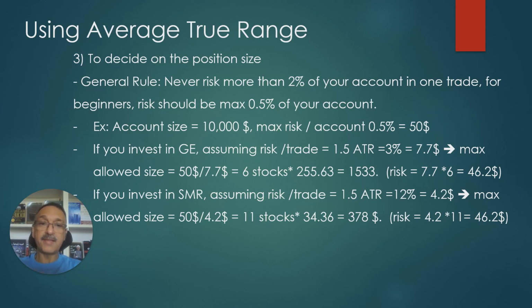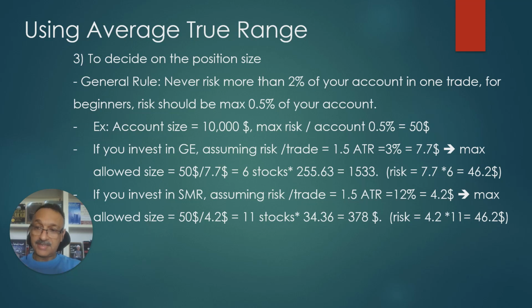Why? Because if you buy at 378 and you put a stop loss of 1.5 ATR, which is 12%, which is $4, then you're going to arrive at $4.2 multiplied by the 11 stocks that you bought, which is 46, below the $50 that we agreed on as the maximum risk per trade. So you can see here that for high risk stocks, automatically the position will be smaller.